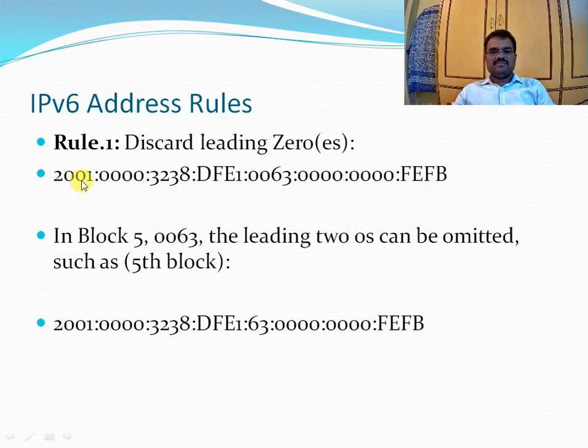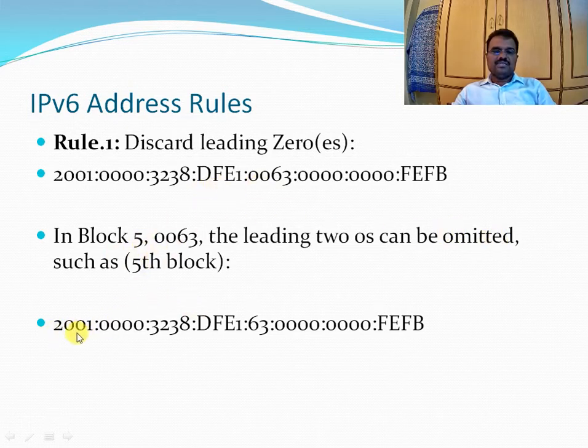Rule 1, discard leading zeros. So this is one of the IP version 6 addresses, which is of 8 into 4 hexadecimal numbers. So in block 5, 0063, the leading two zeros can be omitted, as in the fifth block, like that we can write.